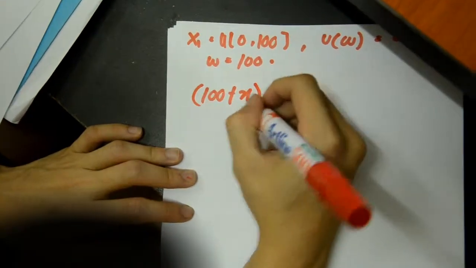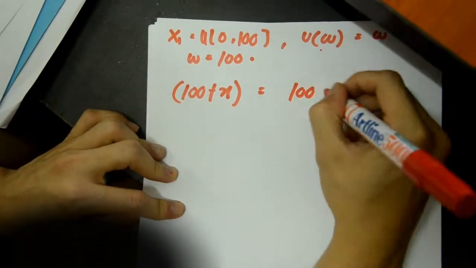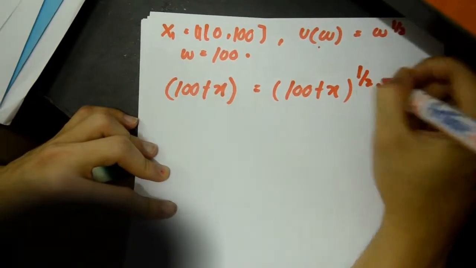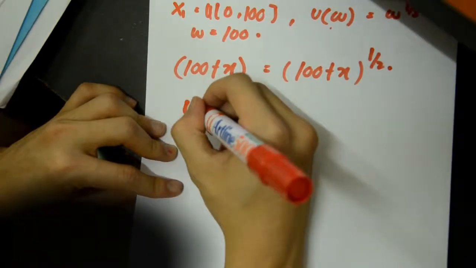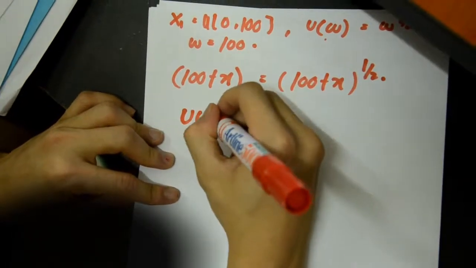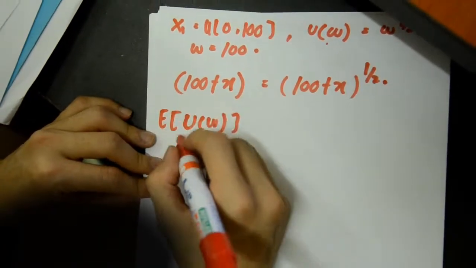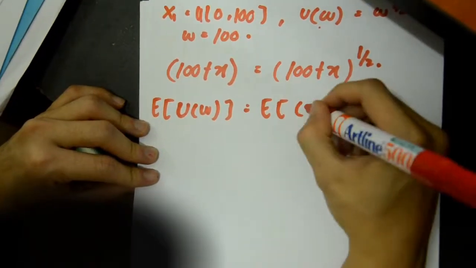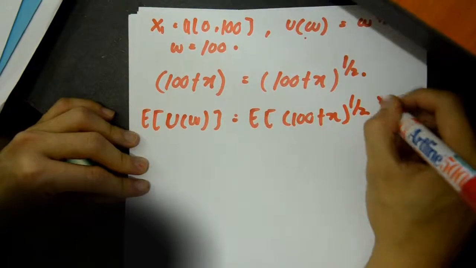So you insert the x in the utility function, you will have (100 plus x) to the power of 1/2. And to find the maximum expected utility, you have to take the expectation of the whole equation, which is E[(100 plus x) to the power of 1/2].